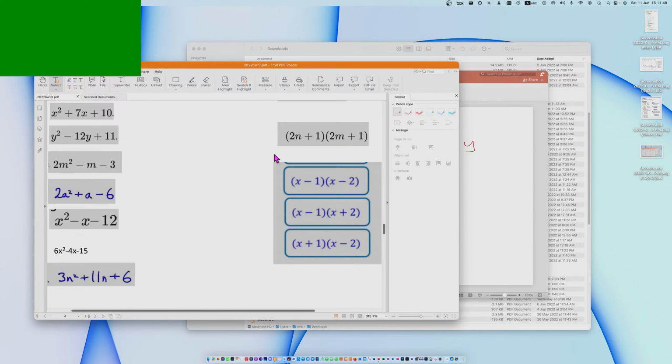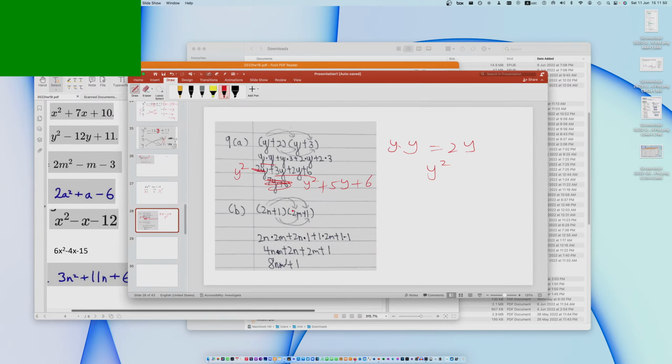Oh yes, done already. Okay, good. So for this one is 4nm. You cannot combine. This is 4nm plus 2n plus 2m plus 1. This is the nm term, this is the n term, this is the m term. Are they the same or different? Different. So this is the final answer already.